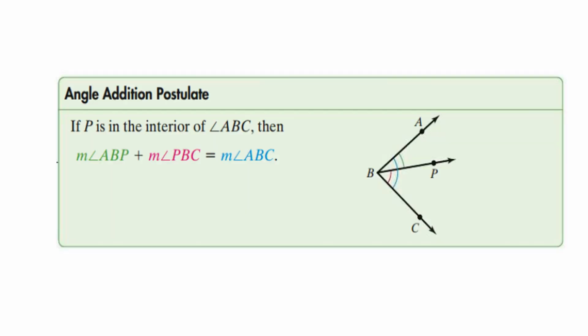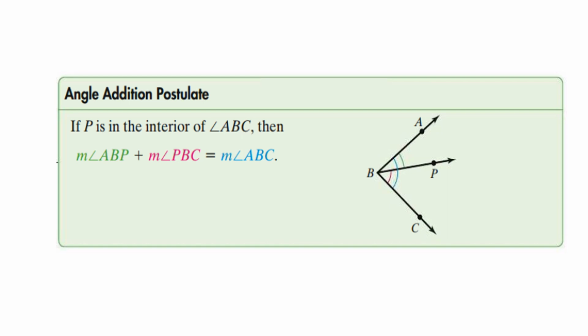All right, a couple of little geometry postulates or theorems that we're going to be utilizing in this section, and then these are really going to carry over to the rest of the semester. The first one is called the angle addition postulate.